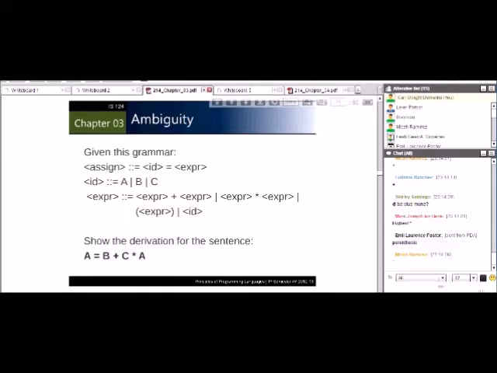Okay, do you want to know the right answer? No one got the right answer. The ones with the highest precedence are plus, times, and parentheses, in our example here.